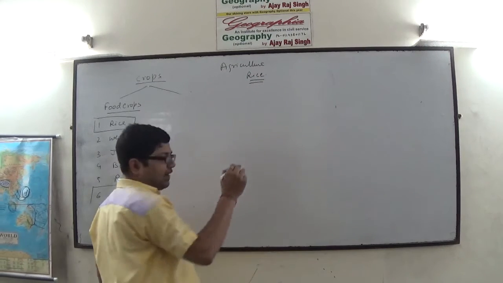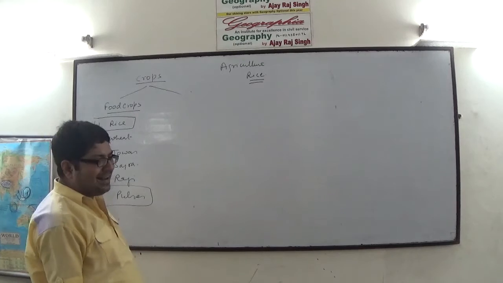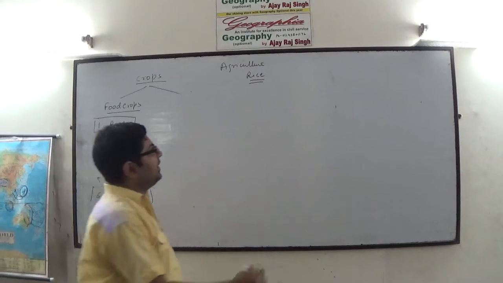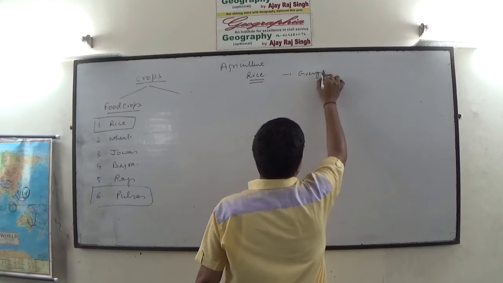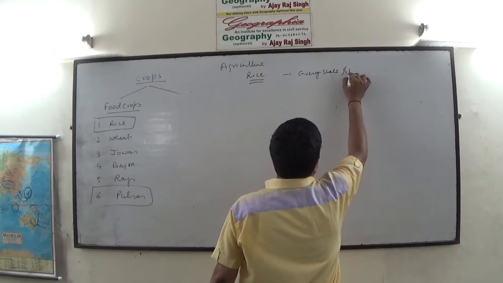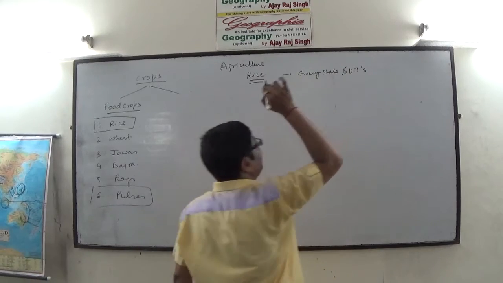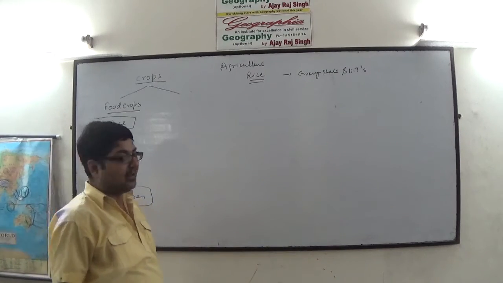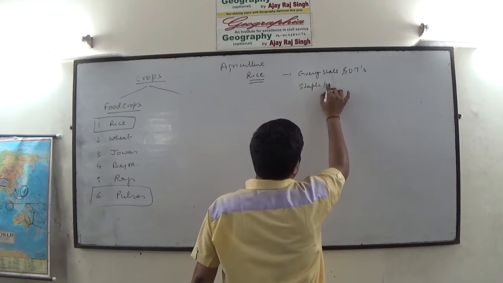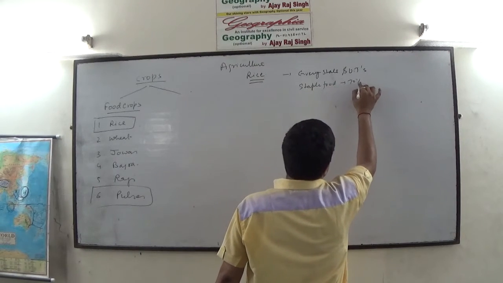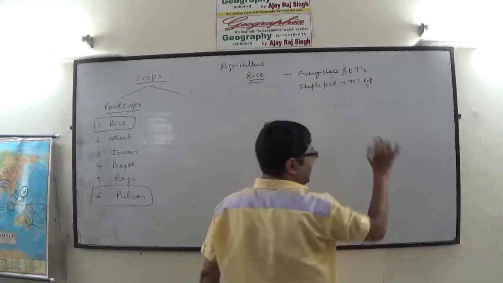Kindly keep on taking down as soon as I write. Rice is the only crop in the country that is grown in every state and union territory. And this is the staple food for 70% of the population of the country.